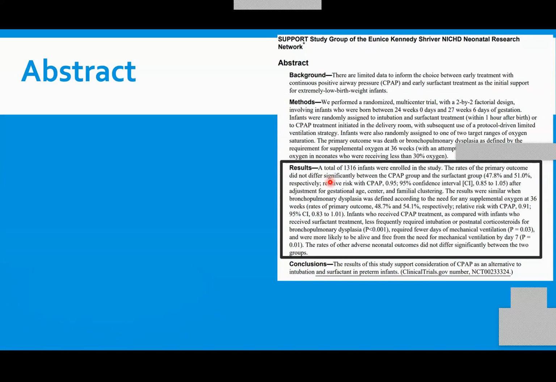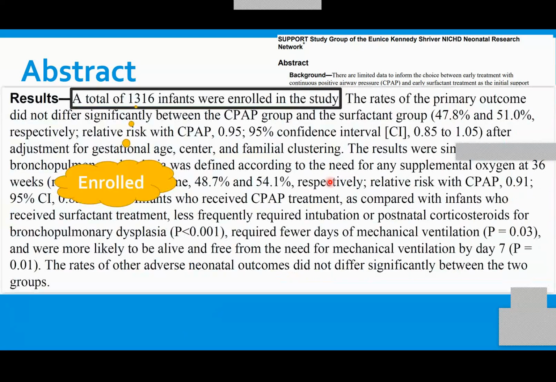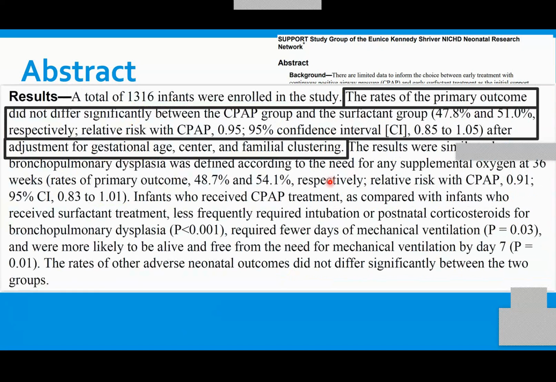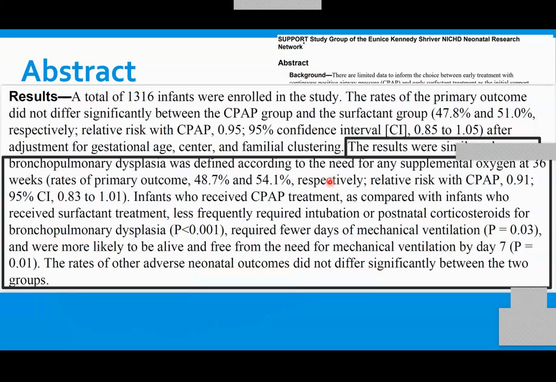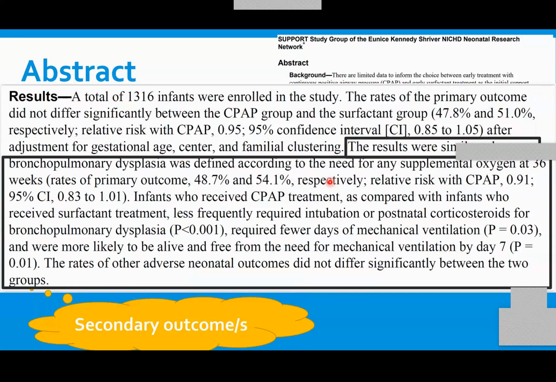And then from the methodology, the abstract moves to the result. And in the result, you see the enrollment. Okay? And you can see there is a primary outcome, and you can see there are secondary outcomes in the result. So the enrollment, the primary and secondary outcomes are in the result of an abstract.